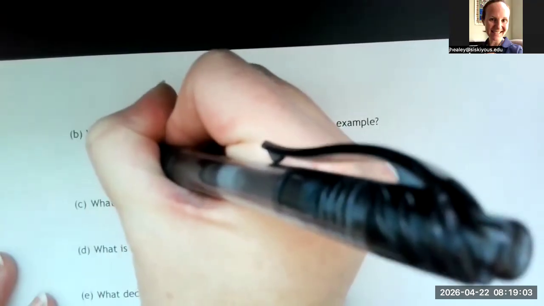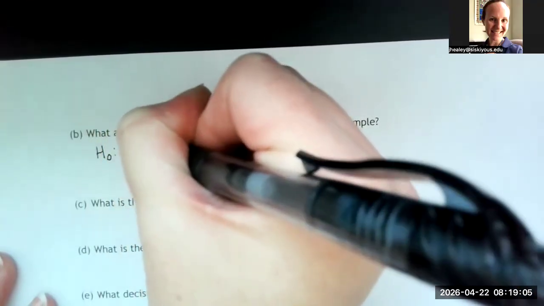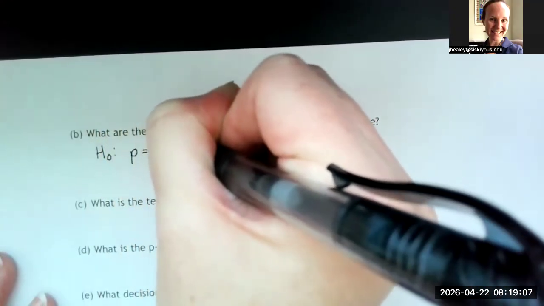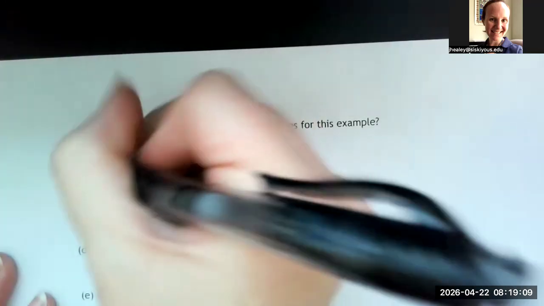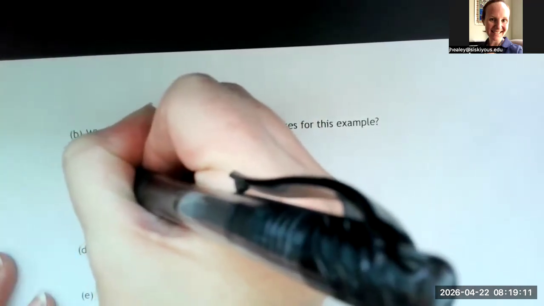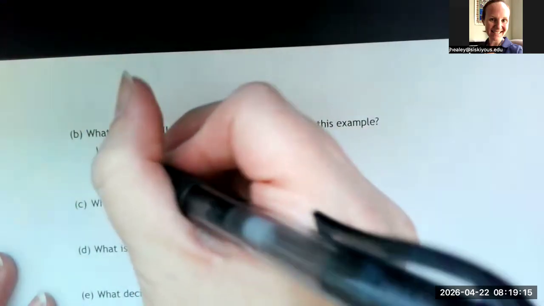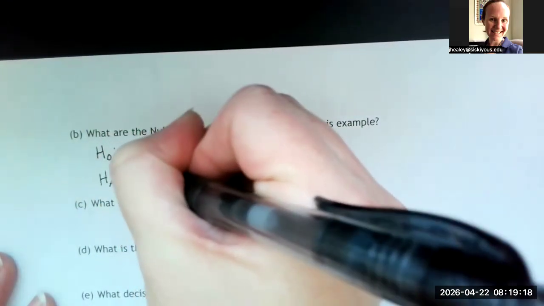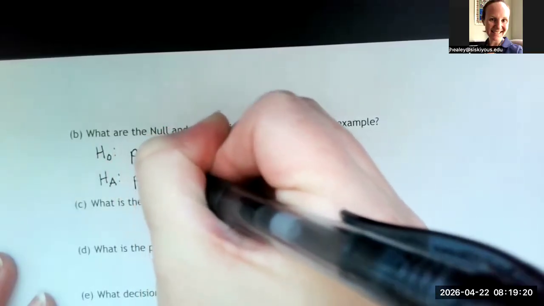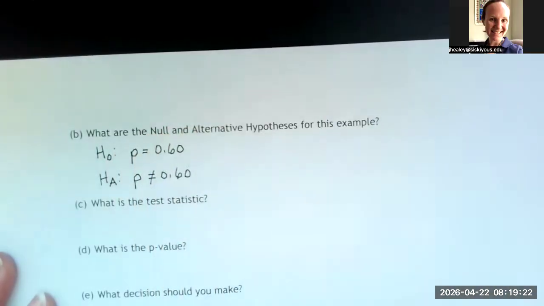So we're going to write that p is equal to 60%, which we'll write in its decimal form. And our alternative hypothesis just asked if it's different from the college's claim, didn't say higher or lower. So we're going to say that p is not equal to 60%.